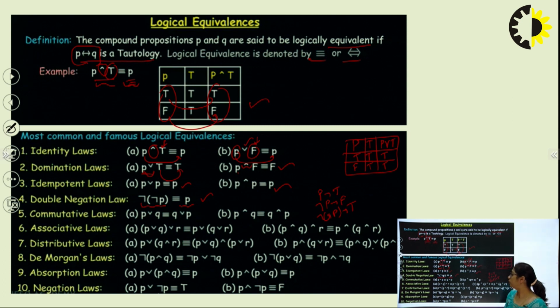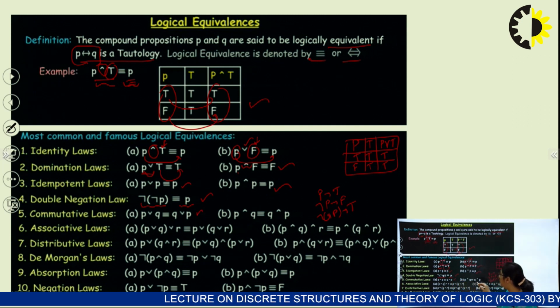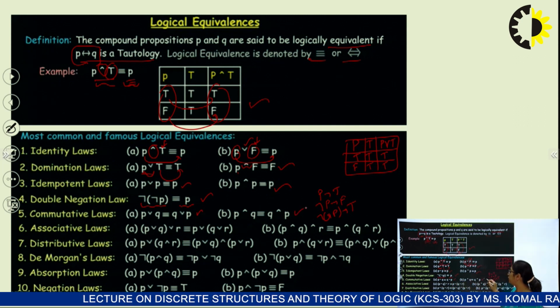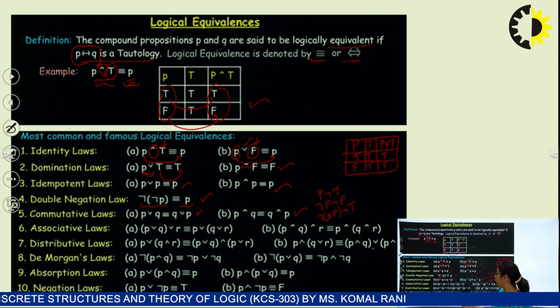The commutative law says that whatever the operation between them, if it is disjunction, P disjunction Q or Q disjunction P always gives you the same result. Similarly, P conjunction Q and Q conjunction P always give you the same result. The next is the associative law.